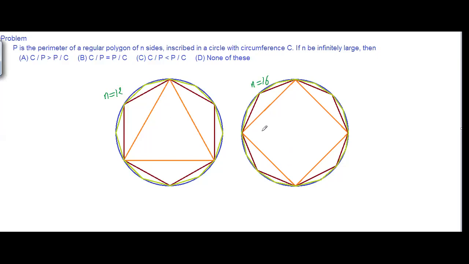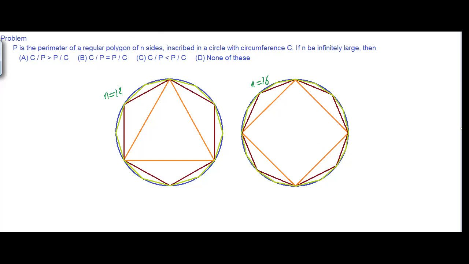In the second figure, we begin with the square, that is a 4-sided regular polygon. Doubled it, so we got a regular polygon of 8 sides. That is called a regular octagon. And then we doubled the sides, then we got 16 sides. So we have got this 16-sided regular polygon.